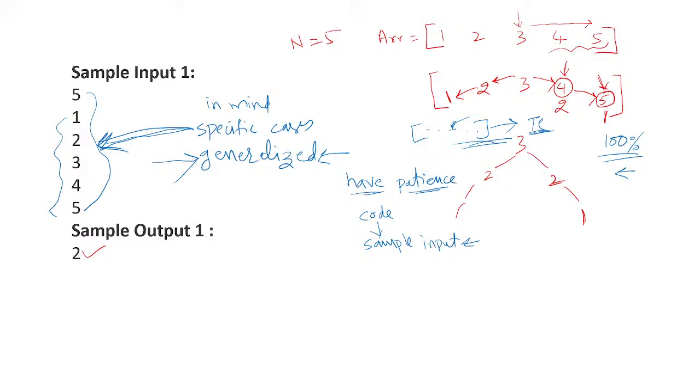Generally what students do is they write some code and run the code. Then when a test case fails, they go back and make some changes. They don't understand why this code fails.